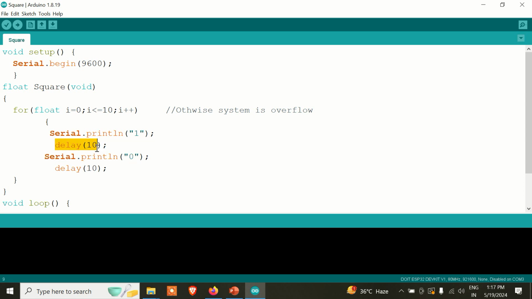Between high state and low state, let's have a 50% on time and 50% off time because it's a square wave, 50% duty cycle. That means a delay of 10 milliseconds on, and for 10 milliseconds it is off. So 10 plus 10, total the duration of the signal is 20 milliseconds. So 1 upon 20 milliseconds is your frequency, that is 50 hertz.